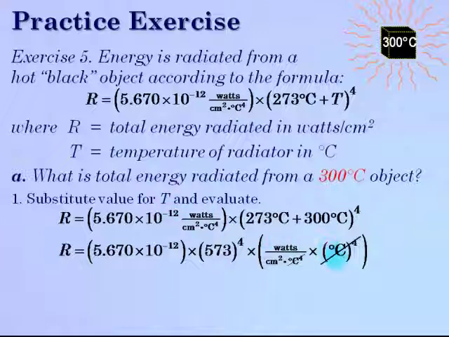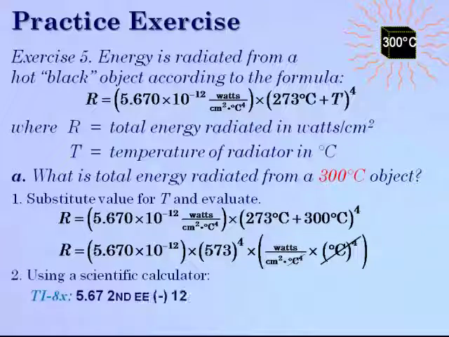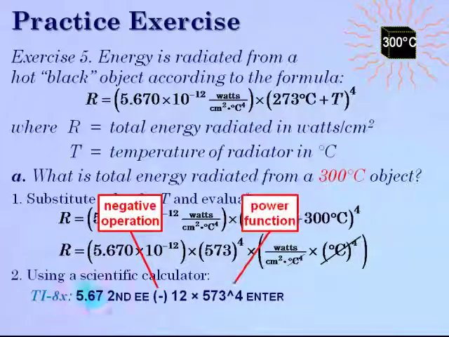We'll notice that we'll have C to the fourth here, and C to the fourth will cancel. And then we've got the numbers, scientific notation, multiplied times 573 raised to the fourth power. That's going to be a big number. Using a scientific calculator, again, we've got this scientific notation, 5.67 times 10 to the EE negative 12 times 573 raised to the fourth power, and then press enter.